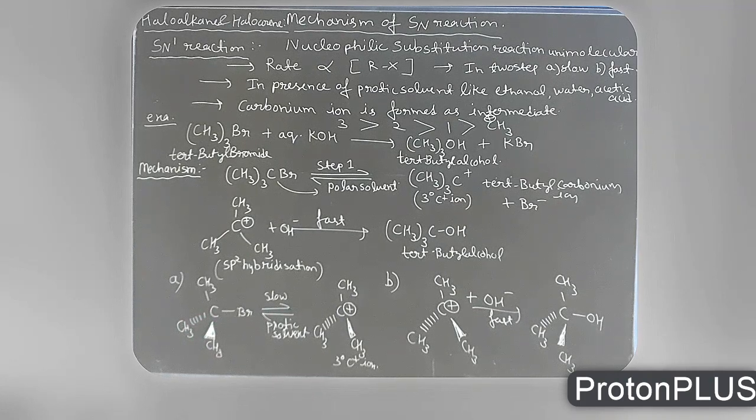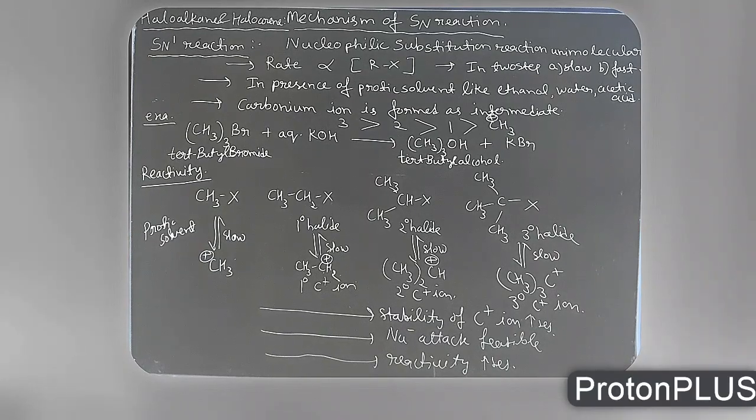In the slow step, in presence of protic solvent, the step is reversible. This 3 degree carbonium ion is formed. Further, the fast step of the reaction will result in tertiary butyl alcohol as the product.